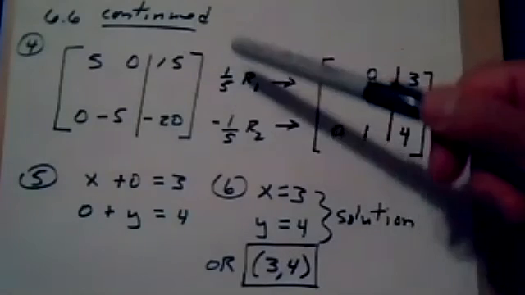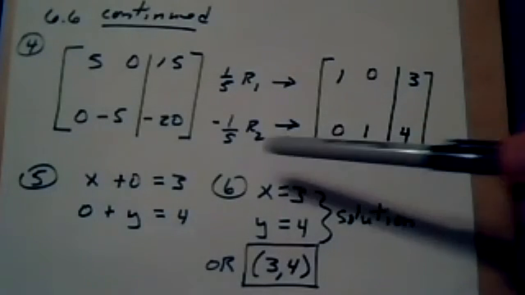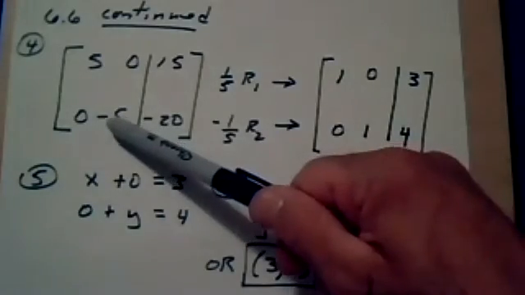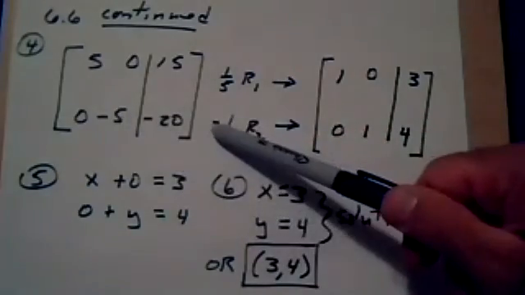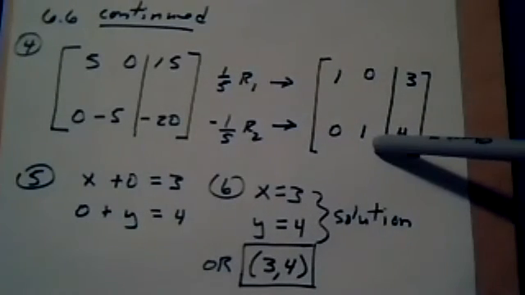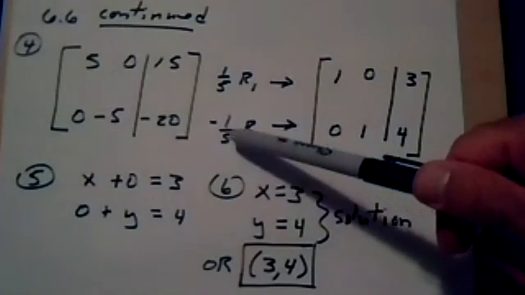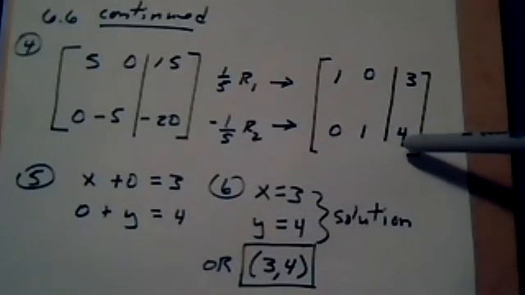So 15 divided by 5 is 3. I'm going to multiply row 2 by a negative 1/5 so I can get a positive 1. So negative 5 times negative 1/5 gives you a 1. Then negative 1/5 times negative 20 gives you a positive 4.